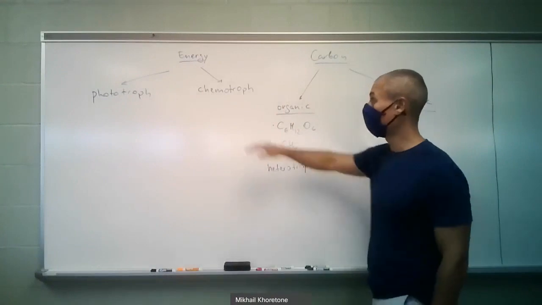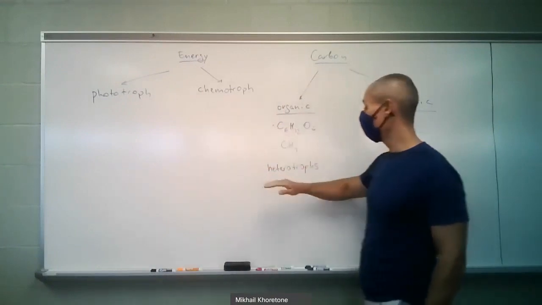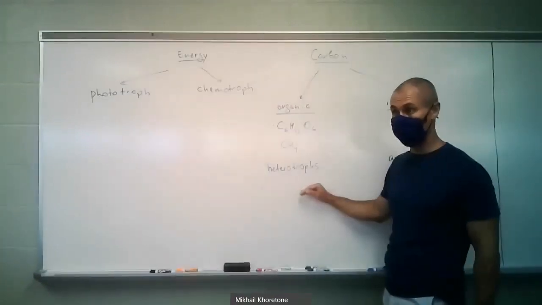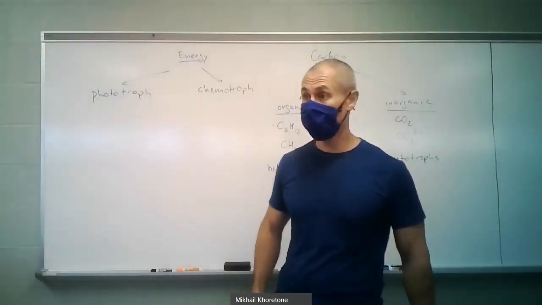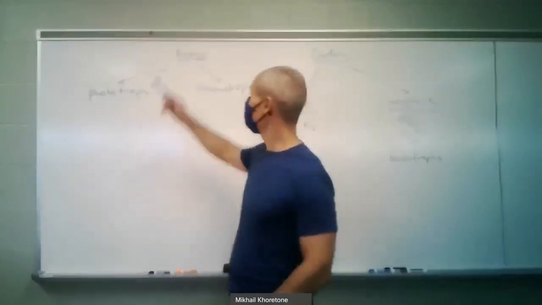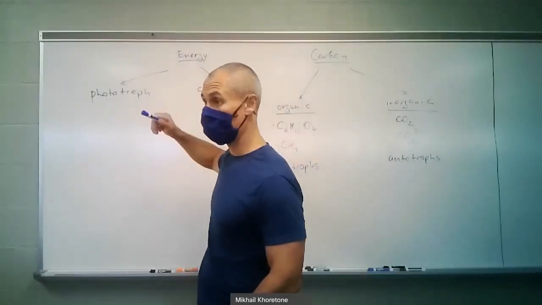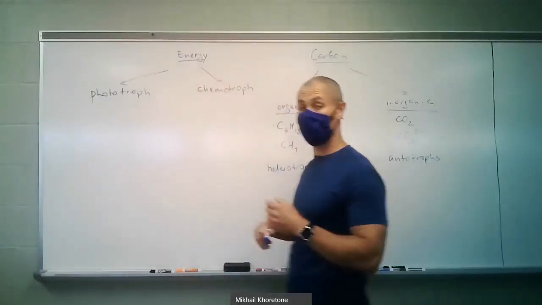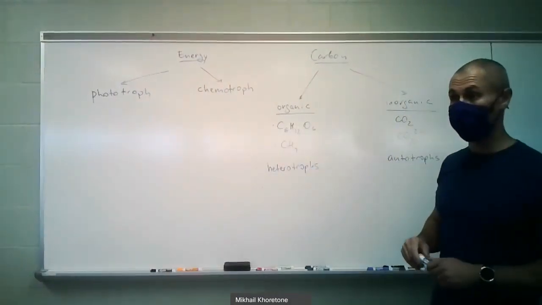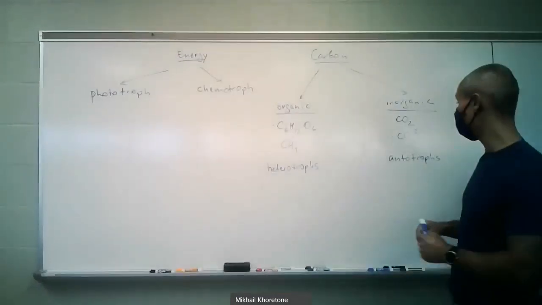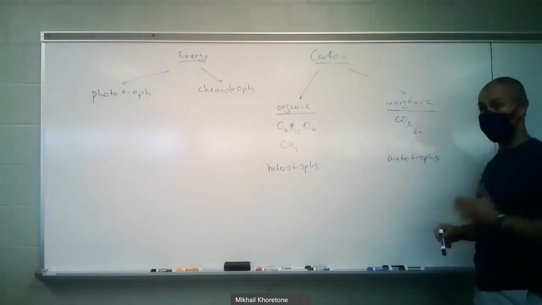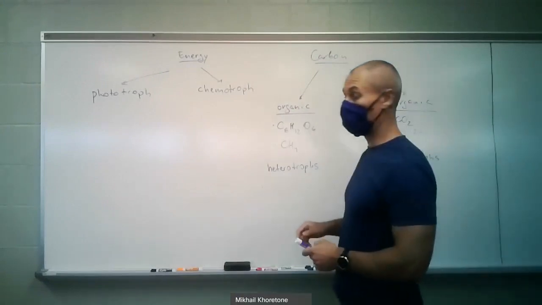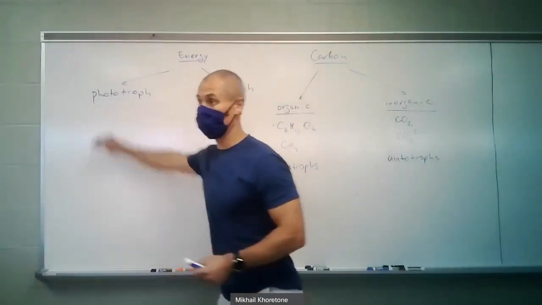So we're going to call them chemoheterotrophs. Take cyanobacteria that use sunlight as the source of energy. And these cyanobacteria can run a photosynthesis reaction, which allows them to convert CO2 into carbohydrates.